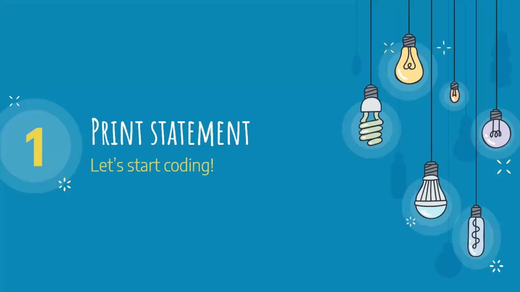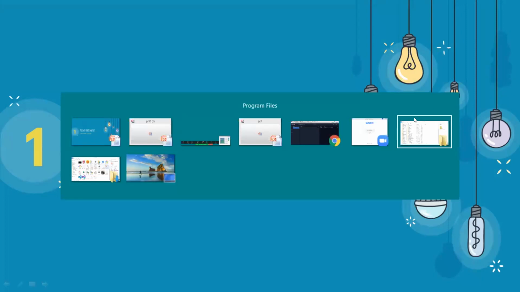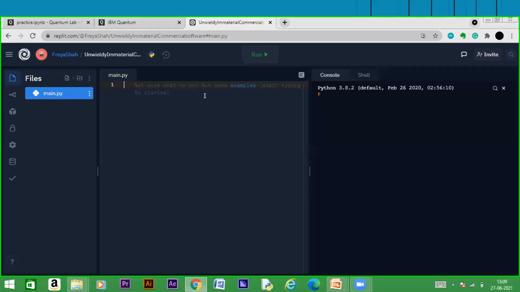So let's head over to ripple.it, which is an integrated development environment, and it allows you to code in Python and test your output without having to install it.